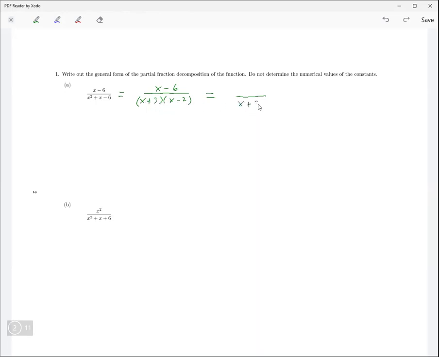It would be A over x plus 3 plus B over x minus 2. Now the common denominator of this sum is exactly this, and this is the most general kind of situation where this is your common denominator. So that would be the answer to part A.